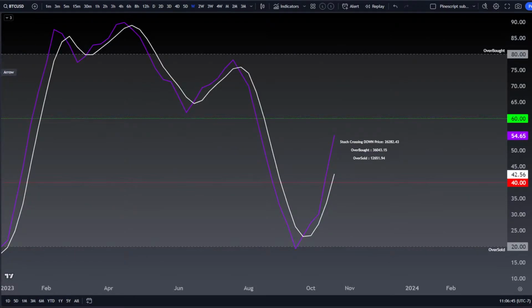So the weekly is also pivoted at 26,282 now. Now this is a little bit of a different look because Bitcoin moved up so quickly from yesterday's recording, from the close open. It was at $26,000. That has now moved up to 26,282. Of course, this is above the last higher low wick.